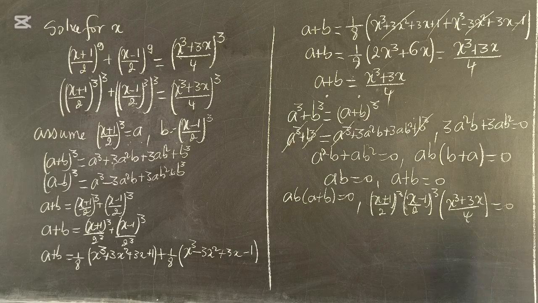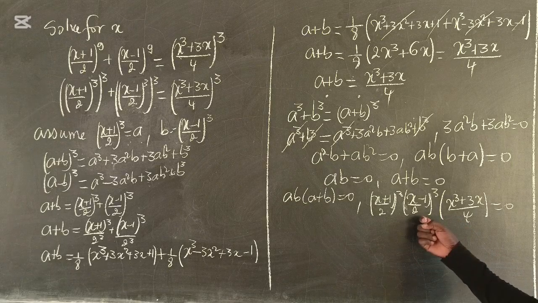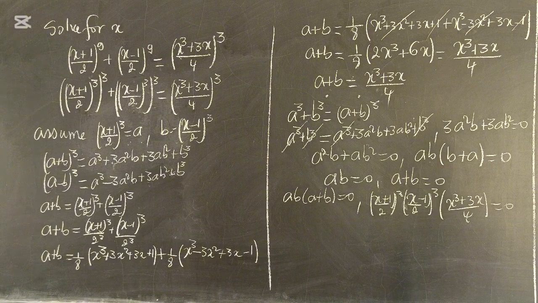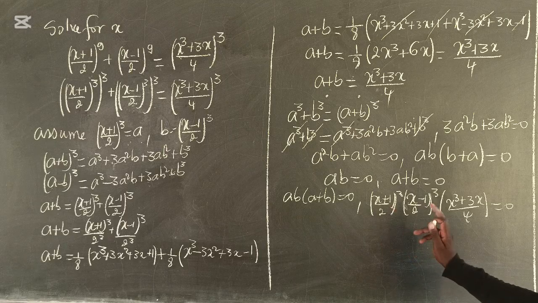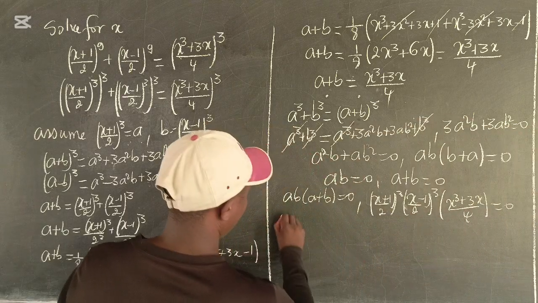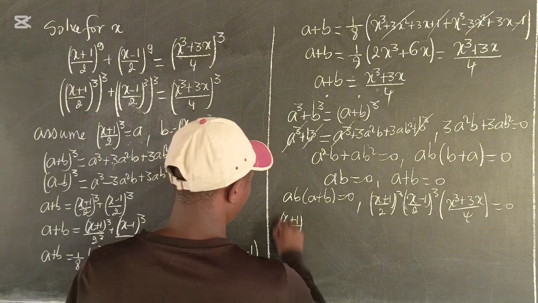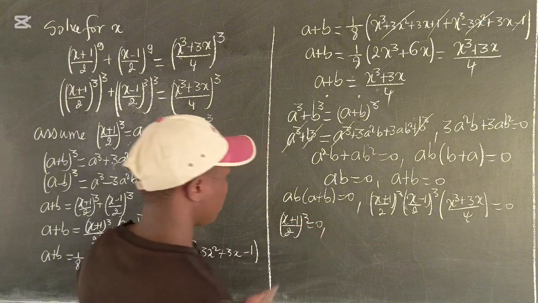As you see here, we have the product of three equations, all three functions. This can be 0, this can be 0, and this can be 0. So here, (x plus 1 over 2) power 3 is 0.